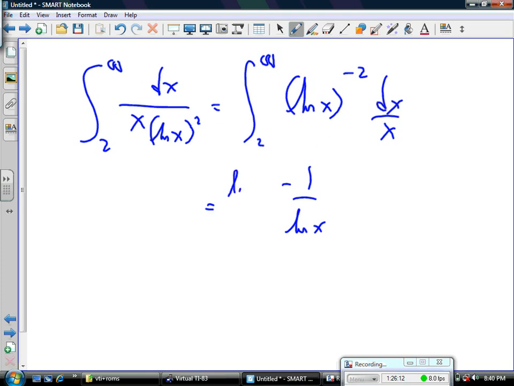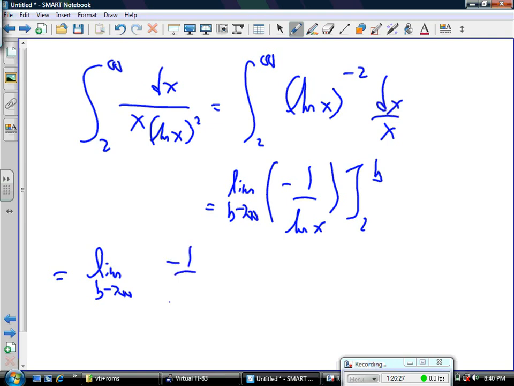Okay. The limit, as b goes to infinity, evaluated from 2 to b. Equals the limit, as b goes to infinity, of negative 1 over ln b minus, is plus, 1 over ln 2. Does that limit exist?